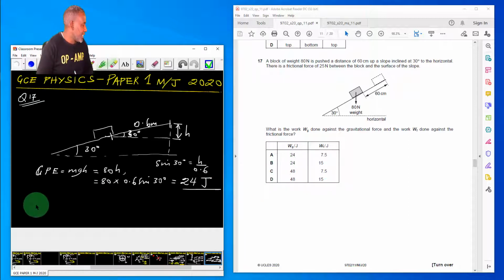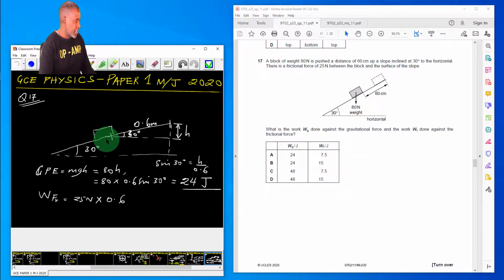So I've got to calculate the work done against frictional force, but it's better to calculate the work done by frictional force. And then when I bring in the work done against friction force, I can remove the negative sign. So it's going to be equal to the friction force of 25 newtons times the distance moved, which is 0.6.